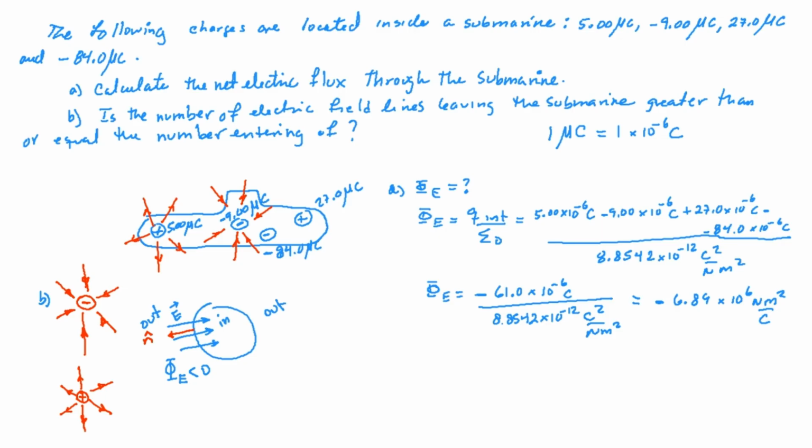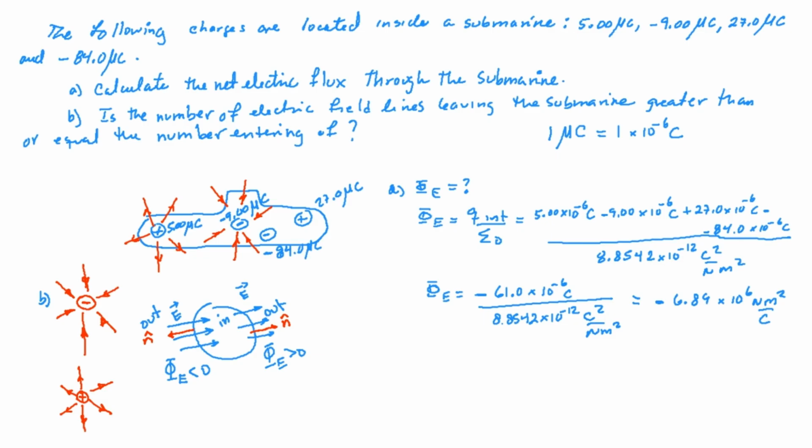Now, when the electric field lines go from in to out, the electric flux is positive, and it makes sense because now the angle between the normal to the surface and the electric field is 0 degrees, and the cosine of 0 is +1. So it makes sense that the electric flux be positive when the lines are going out.